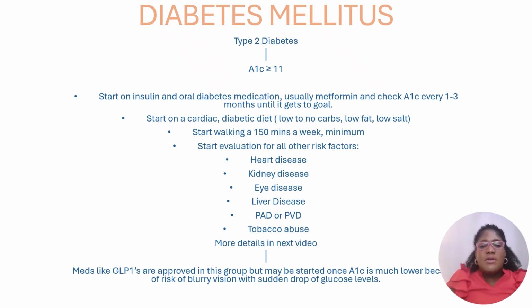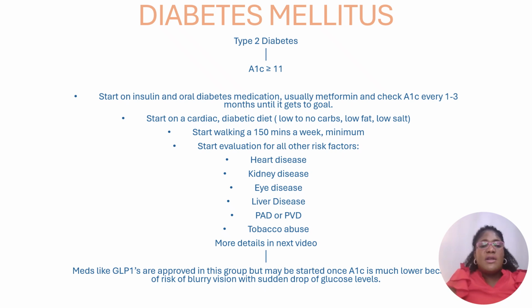On this slide, we're going to talk about type 2 diabetes, and this is just a theoretical example. So let's just say, for example, you went to get your A1C checked and it came back with an A1C of 11, and you happen to fit the right demographic: sedentary lifestyle, older patient, obese.